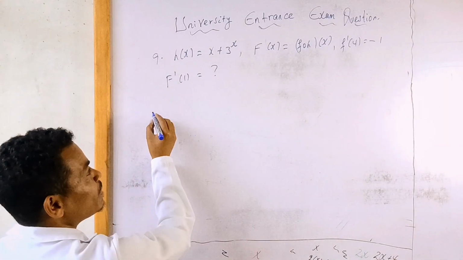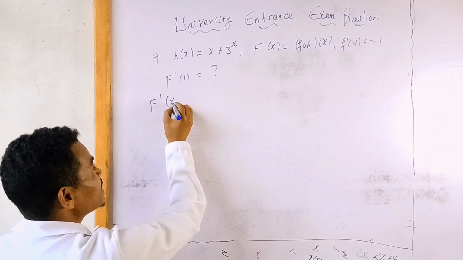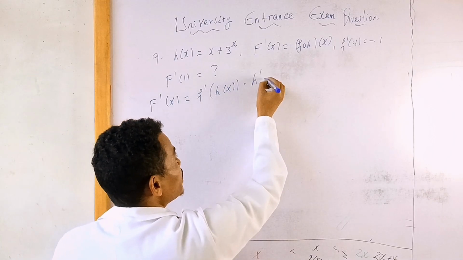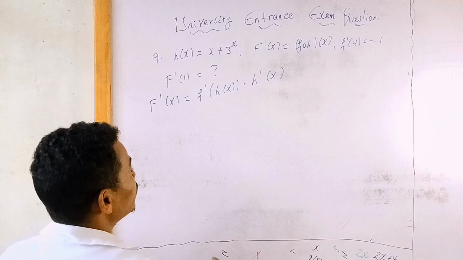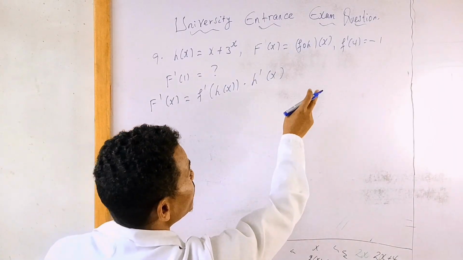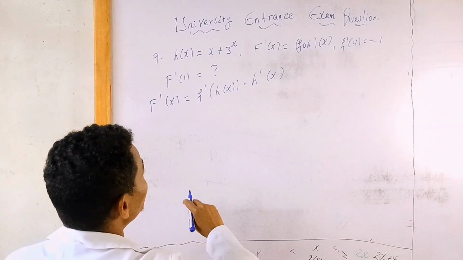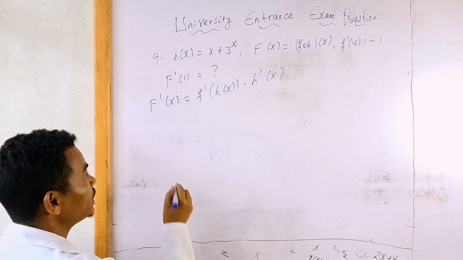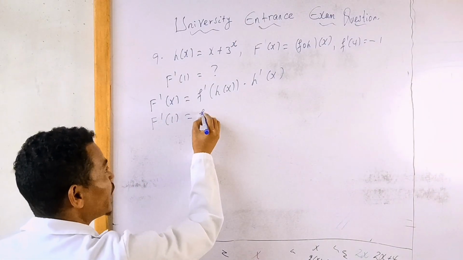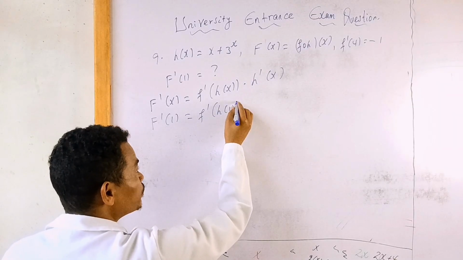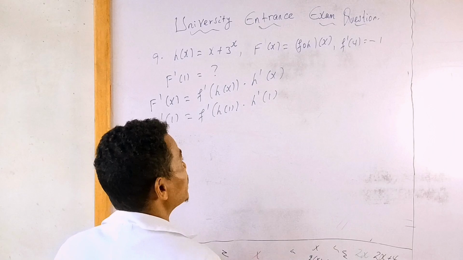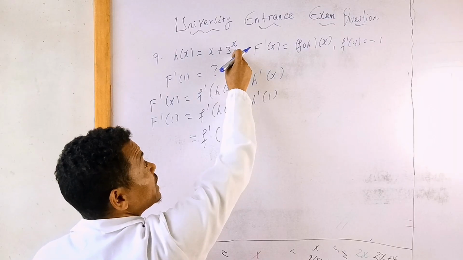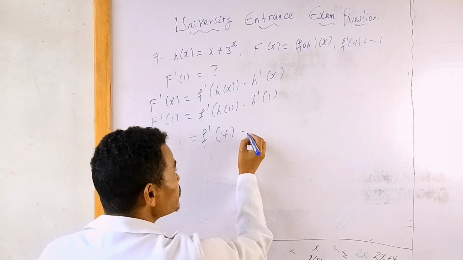ስለዚህ አሁን ምንድነው ቀጥታ ዴሪቬቲቭ ማለት ነው። F derivative at x is equal to ቼን ሩል አፕላይ ማድረግ ነው። f derivative at h of x times h derivative at x እንጠቀማለን። And we are asked to find f derivative at 1. So f derivative at 1 is equal to f derivative at h of 1 times h derivative at 1 እንሰራለን። This is the same with f derivative at h of 1. h of 1 is 1 plus 3 to the power of 1, which is 4, times h derivative at 1.